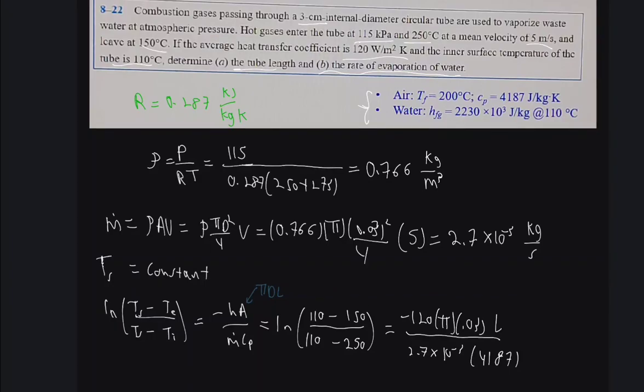This Cp value is actually not for air, that's for water. The Cp value for air is basically 1.01 times 10 to the 3.